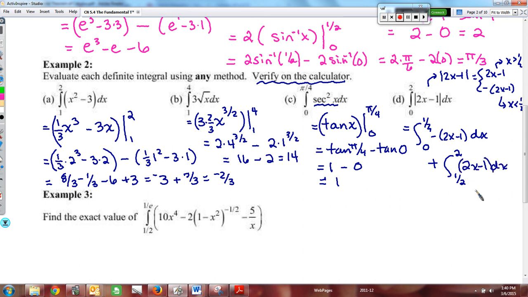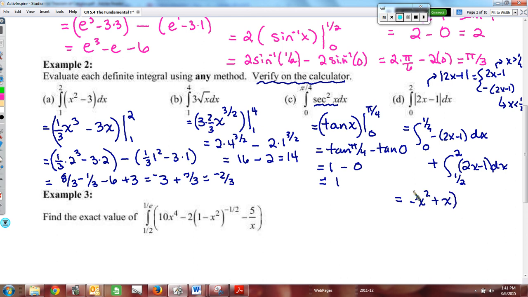So basically, when you see absolute value as an integrand, you have to determine the two pieces that make up the absolute value and then determine which piece you're using for the bounds on your integrand. So we'll come down here. We'll take the antiderivative because we're going to do the net change. This is negative 2x, so the antiderivative would be negative x squared. And then this will be plus 1, so plus x.